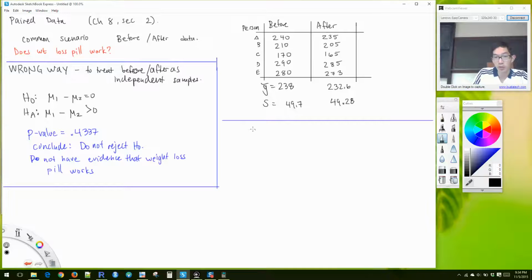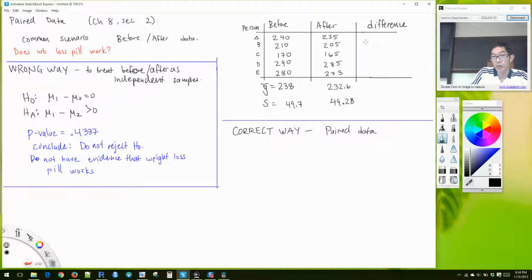Okay, and so the correct way to handle this would be to treat them as paired data. What this requires is we create a difference column.